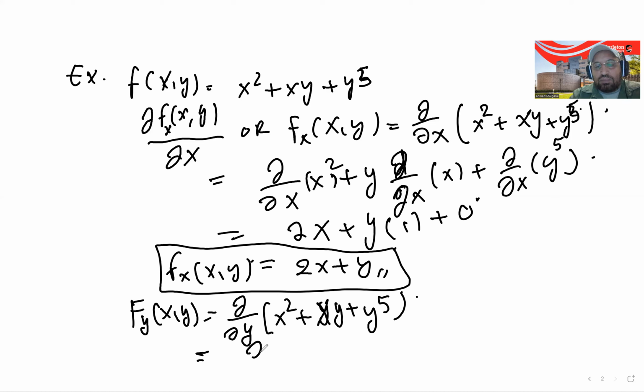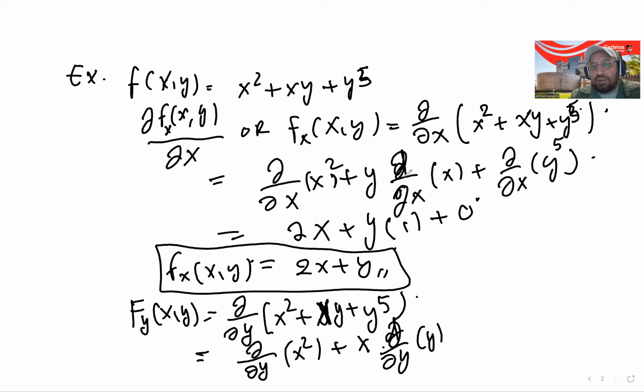The partial derivative with respect to y of x squared, plus, since we're taking the derivative with respect to y, it's best to put x and times the partial derivative with respect to y of y, and then plus the partial derivative with respect to y of y to the power of 5.